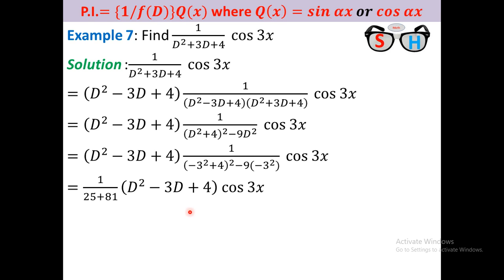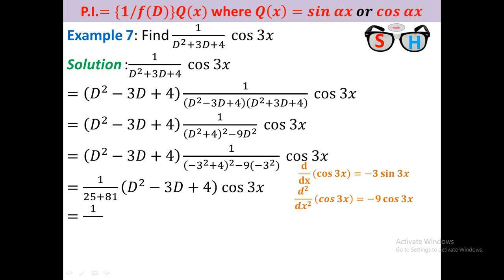Now we operate this on cos 3x. We operate 4 on cos 3x, where 4 means the identity operator, therefore 4 into cos 3x, the same. D of cos 3x means its derivative, and minus 3 into its derivative. D square of cos 3x means the derivative taken 2 times. Now 25 plus 81 is actually 106, therefore 1 by 106. At first I write down d/dx of cos x and sin x: these are the first derivatives of cos x and sin x, and this is the second order derivative.